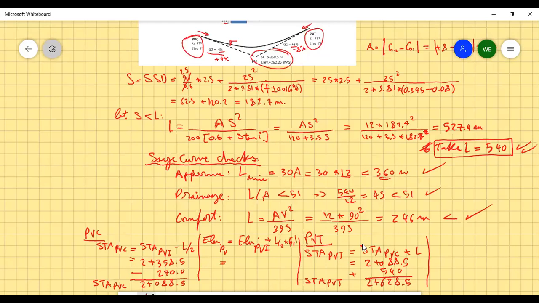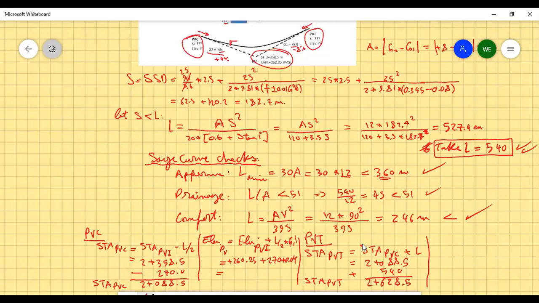So this will be plus 260.25 plus 270 multiply 0.04.